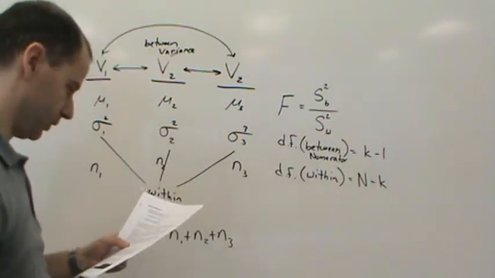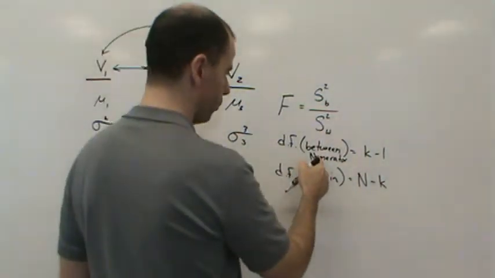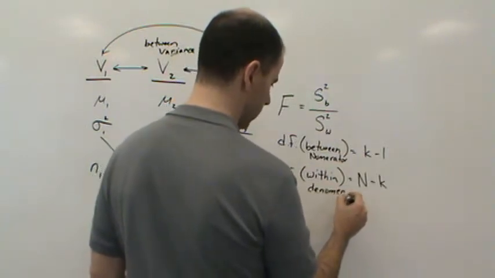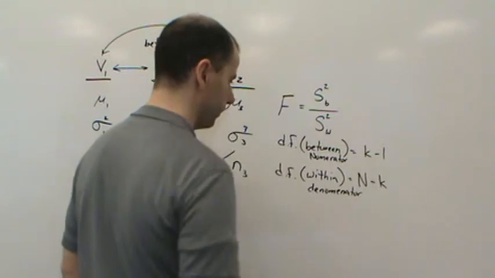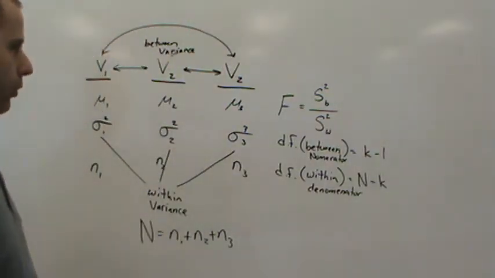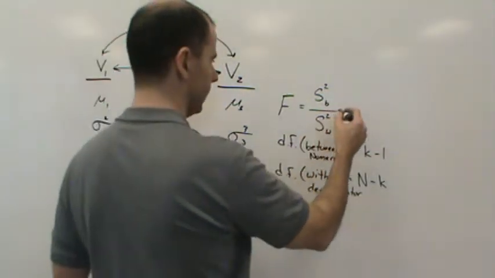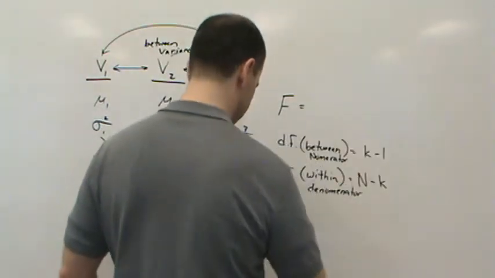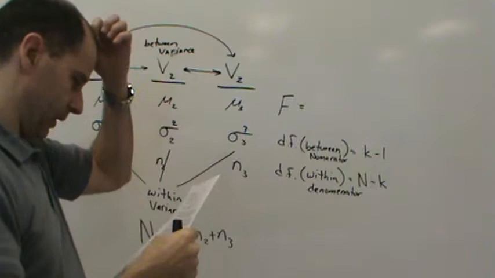Okay, so again, this is going to be the numerator. Let me double check, just make sure. Yep. So this is going to be the numerator degrees of freedom. This is going to be the denominator degrees of freedom. Okay. So the actual calculation is going to be this.